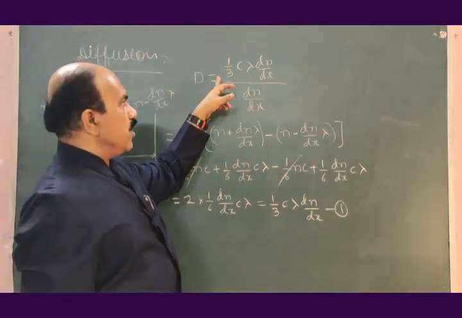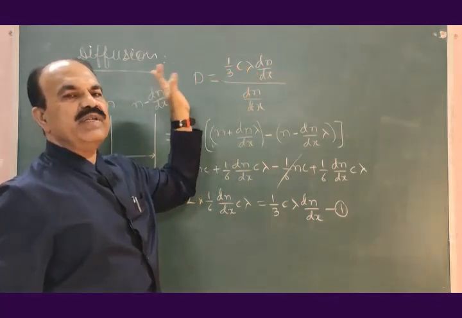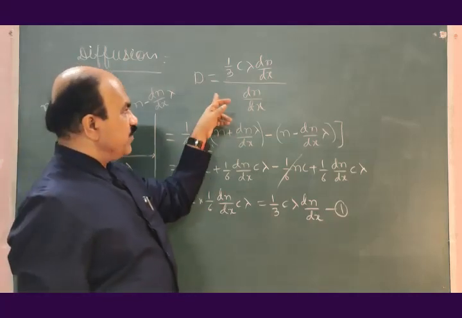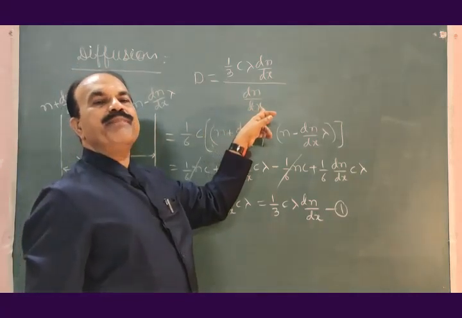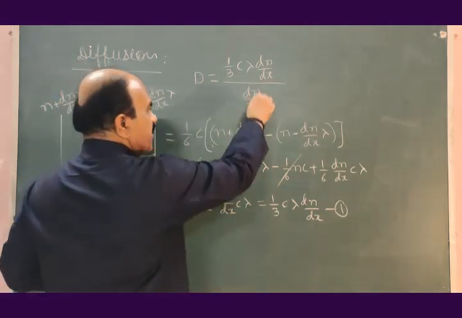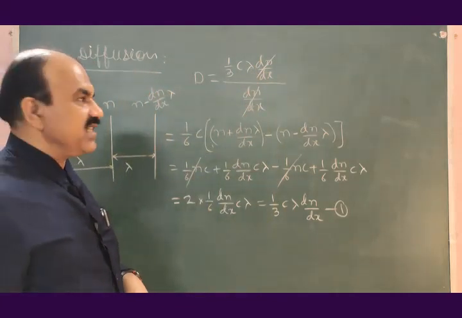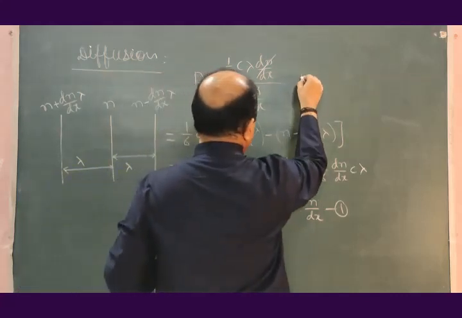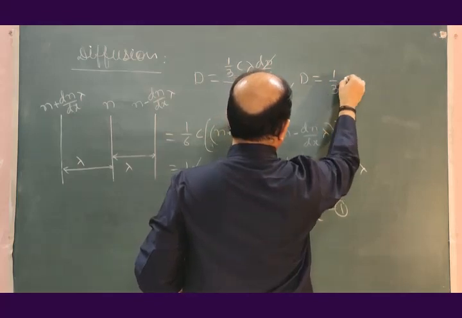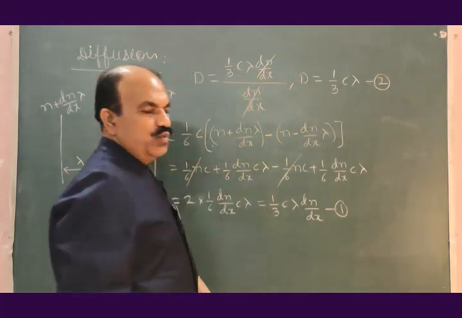The concentration gradient in the numerator and denominator will get cancelled, and what is left for D is equal to 1/3 c lambda, equation number 2.